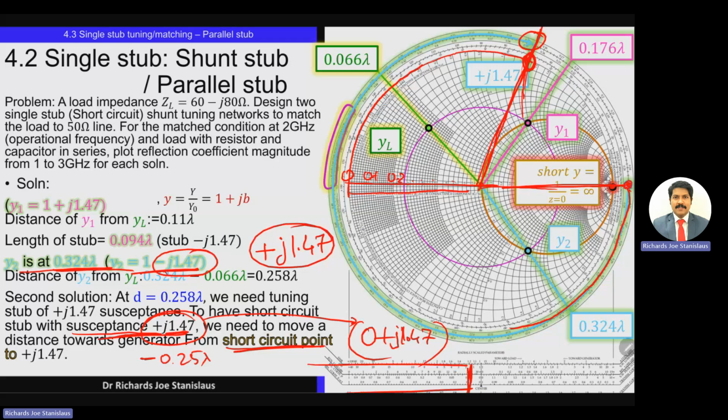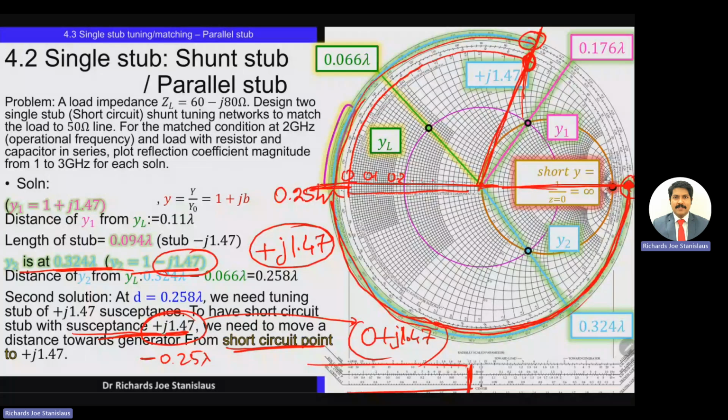So we are going to start from the short circuit point, and we are going all the way along the outer circle, right? Up till j 1.47. So we are covering a half circle, like a semicircle, when we come to the leftmost extreme. When we start from the rightmost point and reach the leftmost point, we are covering half a circle. Again, in previous videos I have told you, when you are covering half circle distance, we are moving a distance of 0.25 lambda.